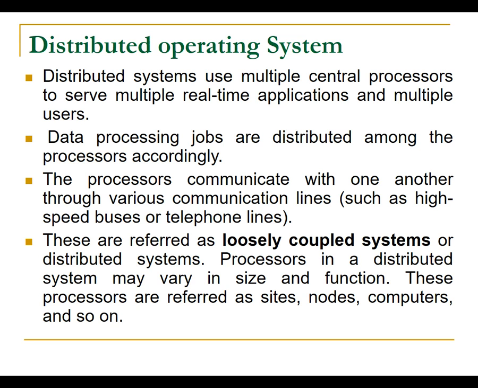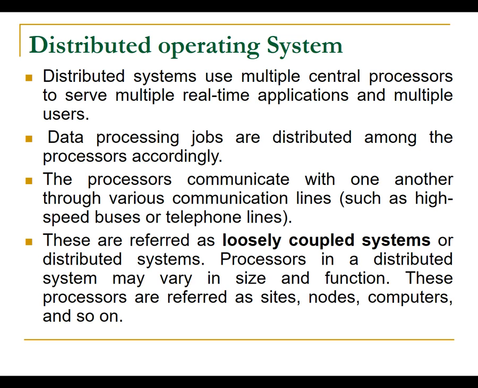So ultimately the user gets the result faster than with all other operating systems. In short, in a distributed operating system, the task gets distributed over multiple processors, so the execution becomes faster. That's why the name is called distributed operating system.